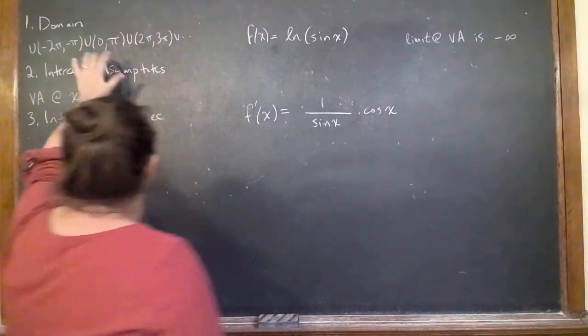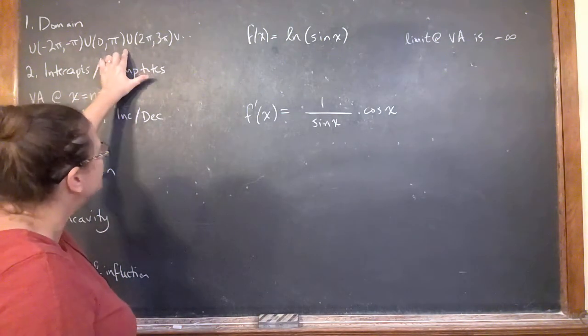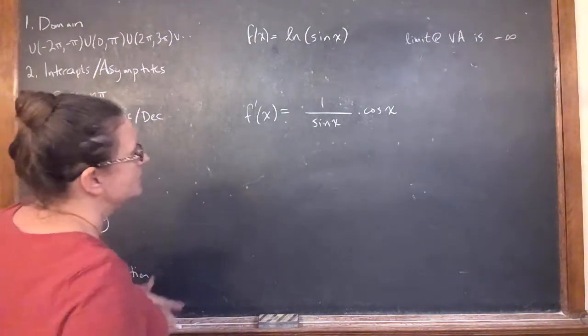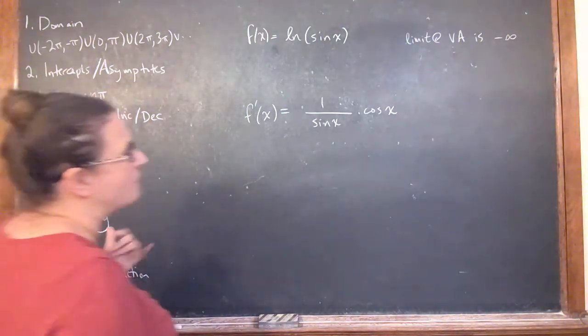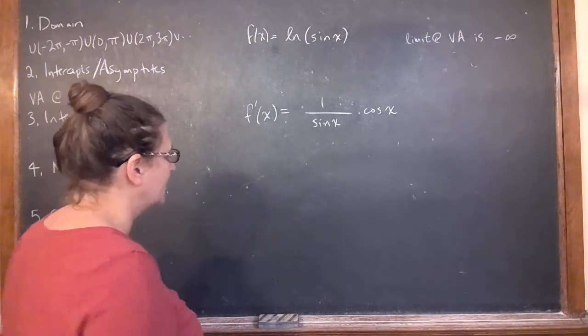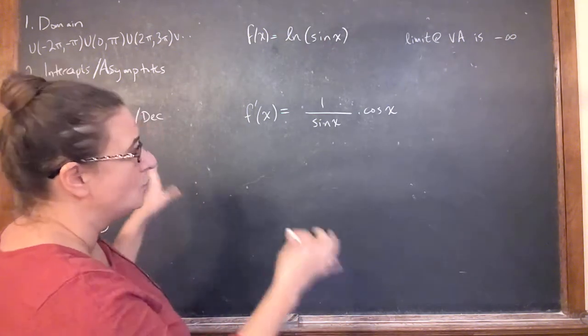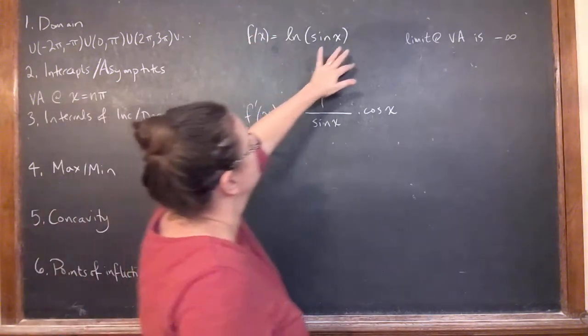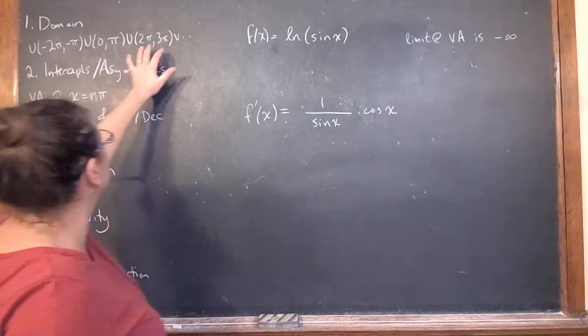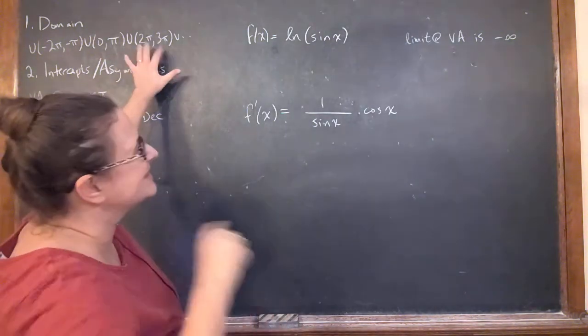Let's just do the one from 0 to pi, recognizing that this is going to basically do the same thing. So I'm going to focus on 0 to pi for my picture of my graph, and then we'll put the rest together with the fact that it's going to be periodic. As I go into the next one, it's just going to be the same values.